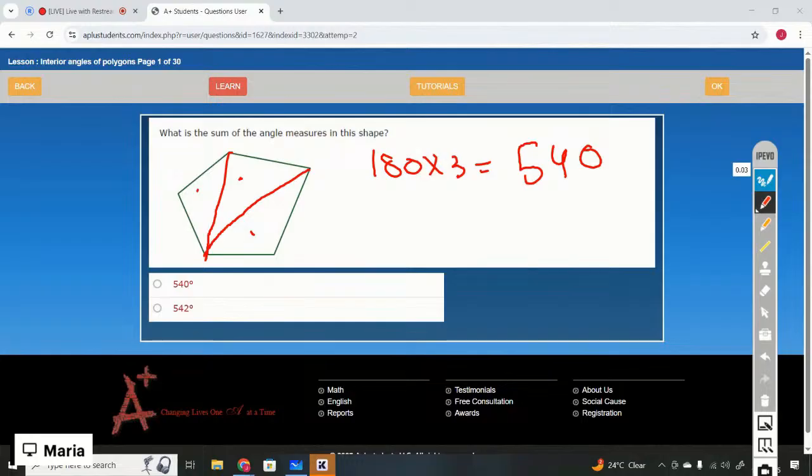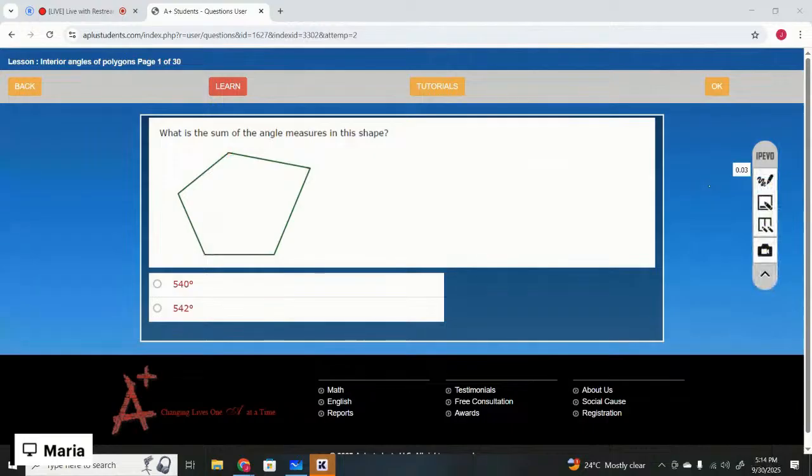So the sum of the angles in the polygon is 540 degrees. Option number 1 is the correct option, 540 degrees it is.